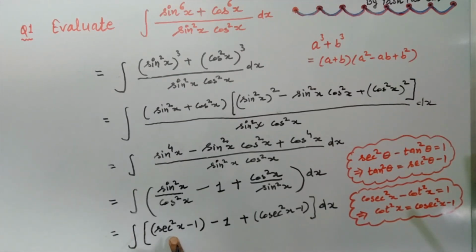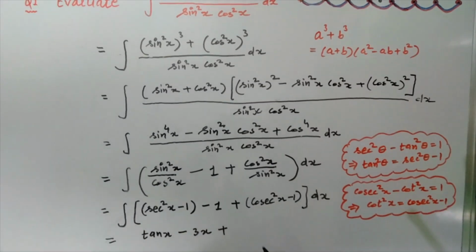Now very simple, what is the integration of sec^2 x? Of course this is tan x. Then minus 1 minus 1 minus 1 gives minus 3, and the integration of minus 3 is minus 3x. Plus cosec^2 x integration is minus cot x, minus cot x.